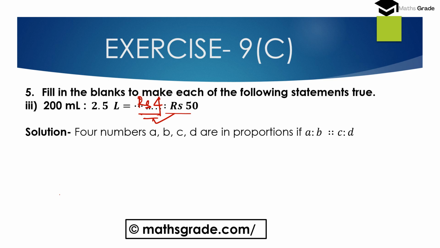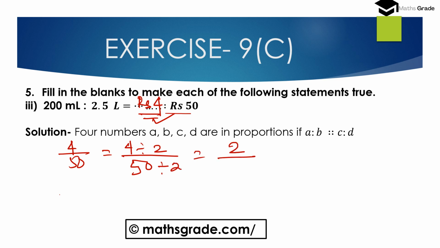We can check this. For 200 ml is to 2.5 liter, it is 2 divided by 25. And 4 divided by 50 rupees, between 4 and 50, 2 is the common ratio. So divide 4 by 2 and the consequent 50 by 2. 4 divided by 2 is 2 and 50 divided by 2 is 25. 2 divided by 25.